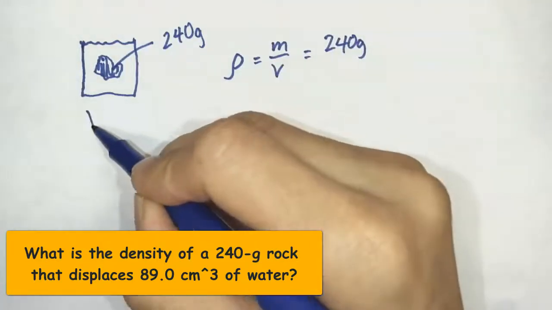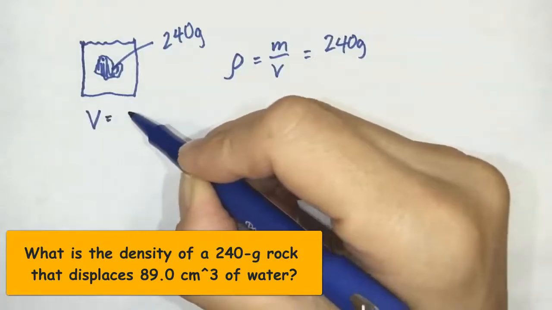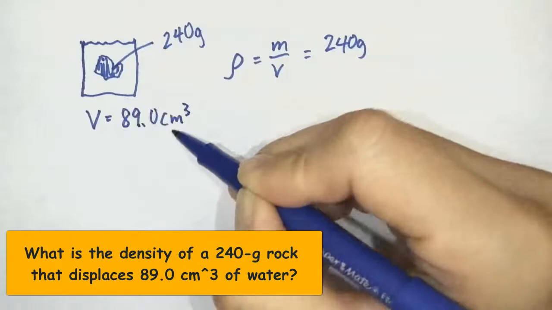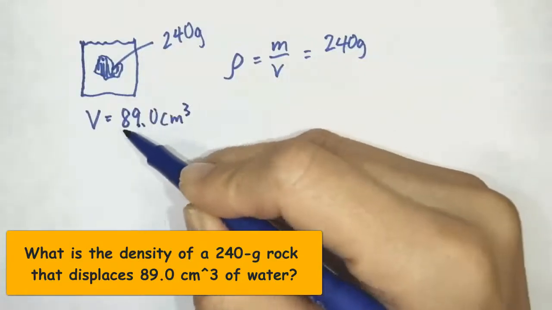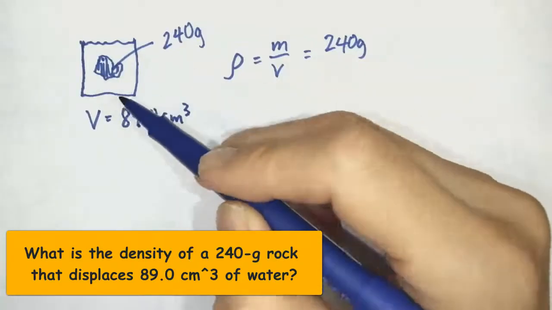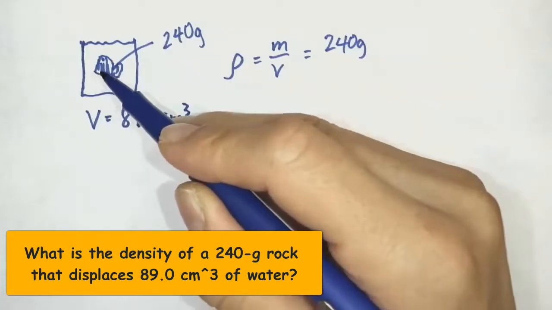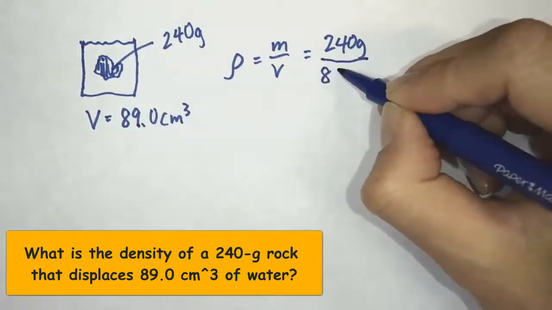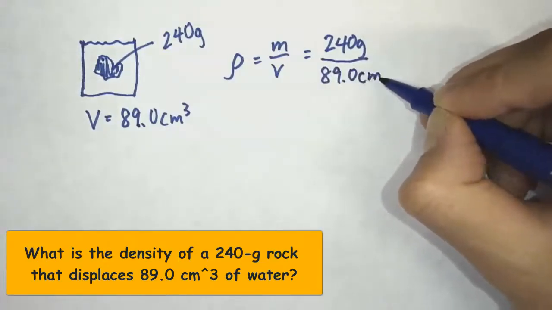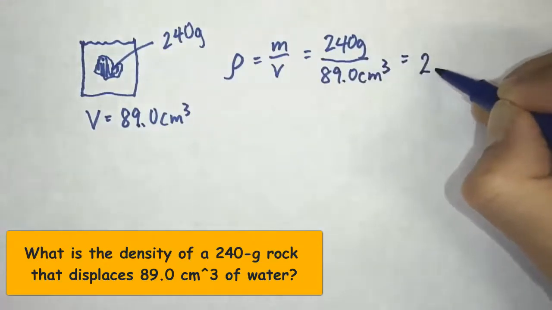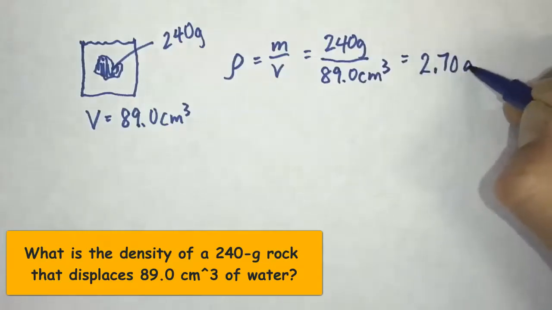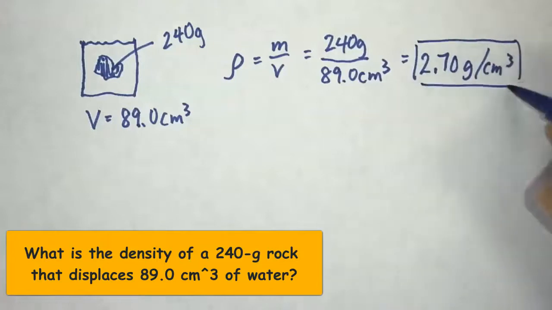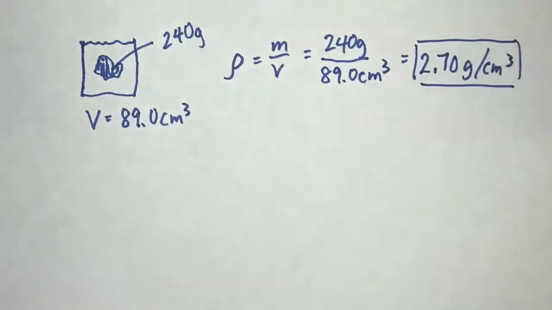And let's say that the volume of the water it displaced was 89 cubic centimeters. Okay, and so once again, you can measure this by the water that was displaced by the rock. Okay, and so we're going to divide by 89 cubic centimeters, and we get 2.70 grams per cubic centimeter, and that is the density of the rock.